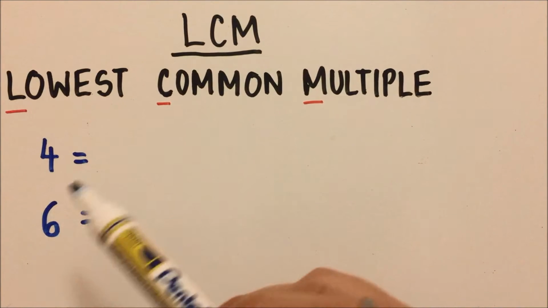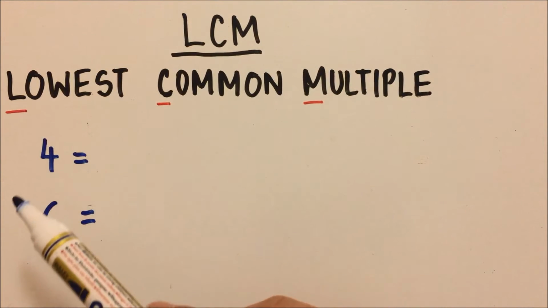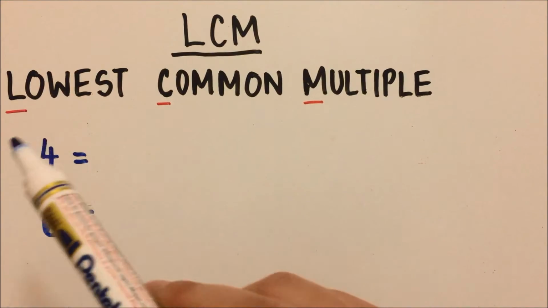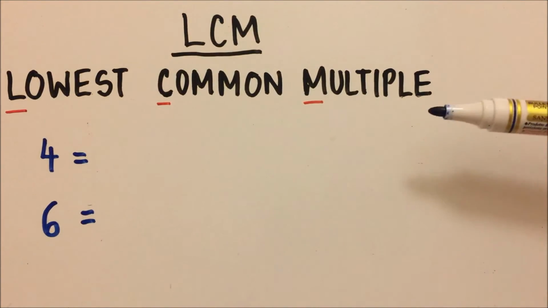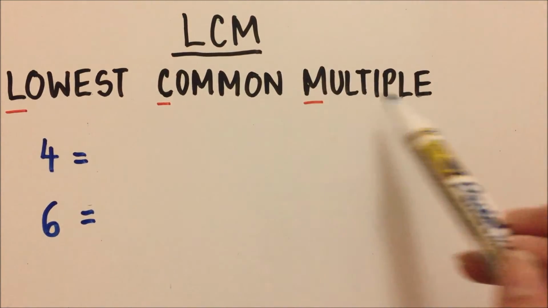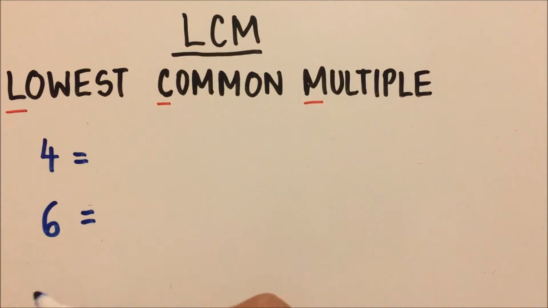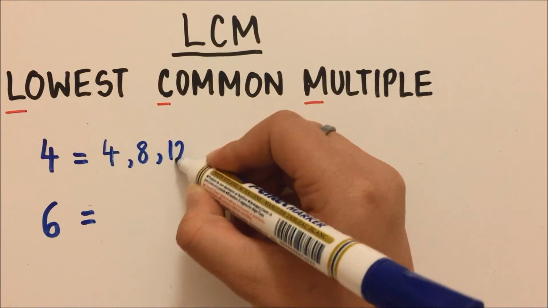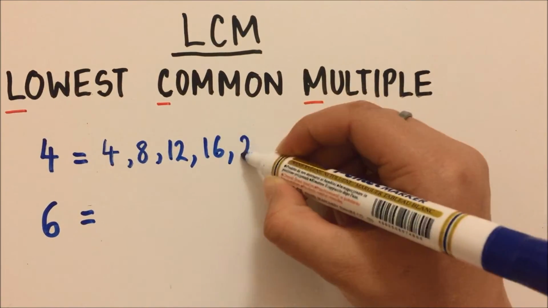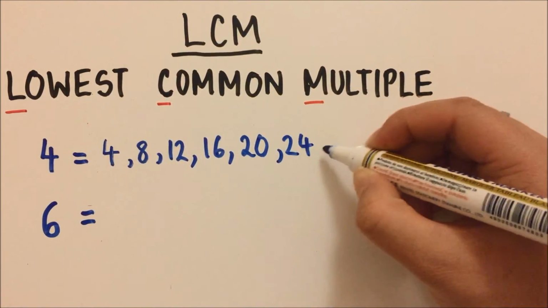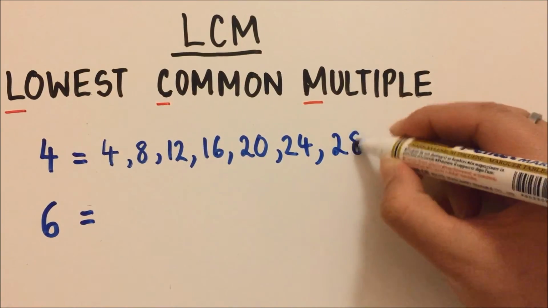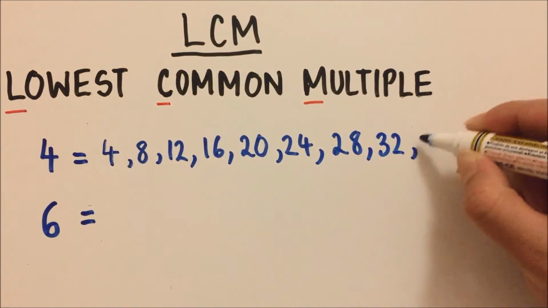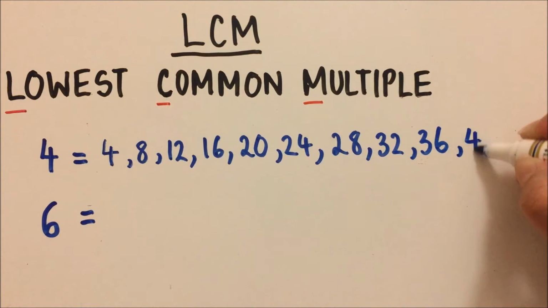So let's take a look at another example here. I'm going to do 4 and 6. So let's find the lowest common multiple. Working backwards, so let's find the multiples of 4 and 6. So it's 4, 8, 12, 16, 20, 24, 28, 32, 36, and 40.